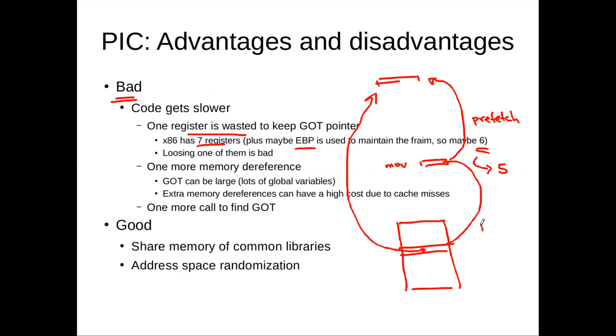So it has to successfully prefetch twice. Sometimes it doesn't matter, sometimes it might matter. It depends on what kind of programs you run and whether the prefetcher is successful or not.